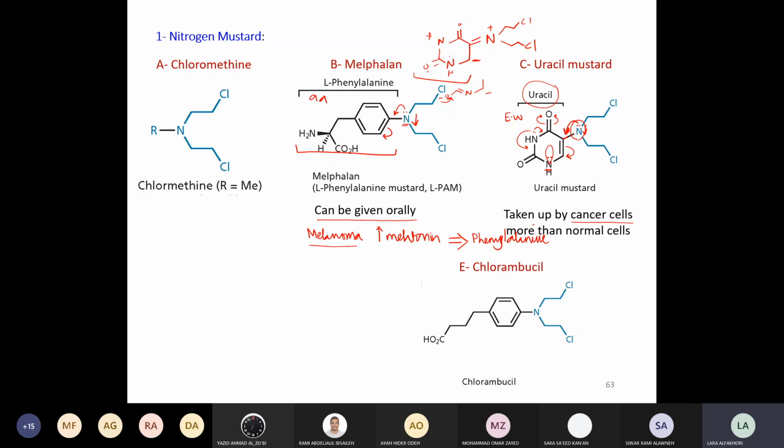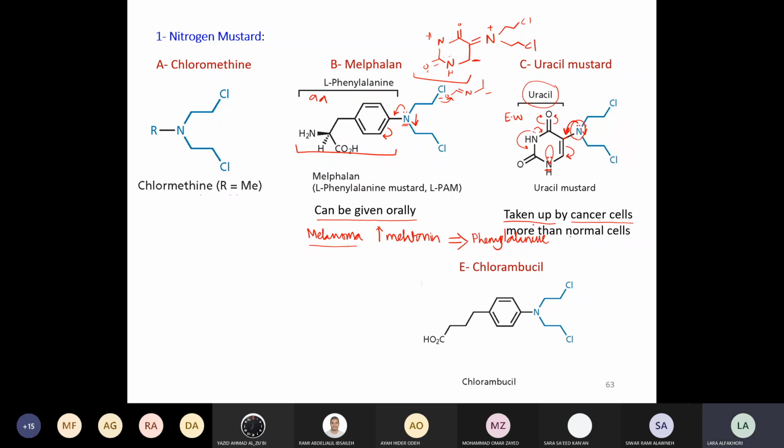In general, cancerous cells have a higher demand for RNA and protein synthesis, meaning a higher demand for RNA synthesis, so the uptake of uracil, and nucleic bases in general, into cancerous cells is much greater. The design where they attached uracil to the nitrogen mustard is for the purpose of concentrating that drug selectively in cancerous cells. That's actually what experiments have shown: uracil mustard is taken up by cancerous cells more than normal cells.